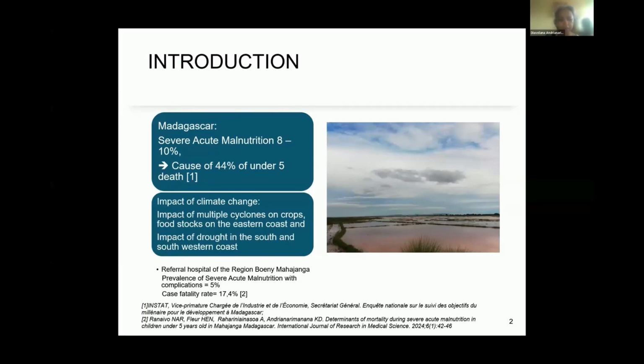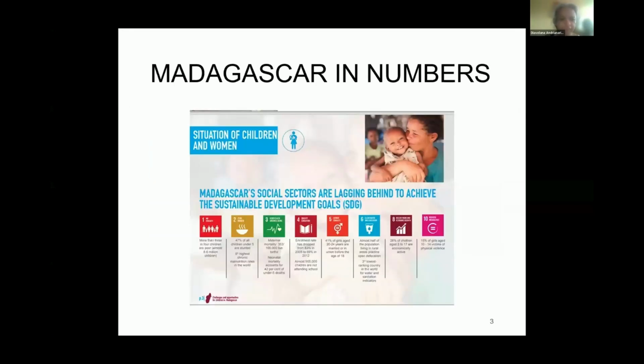So, for example, in a referral hospital of the region of Analamanga, the prevalence of severe acute malnutrition with complications is 5%, with a case fatality rate of 17.4%. Madagascar in numbers: more than 3 in 4 children are poor, almost 8.6 million children.